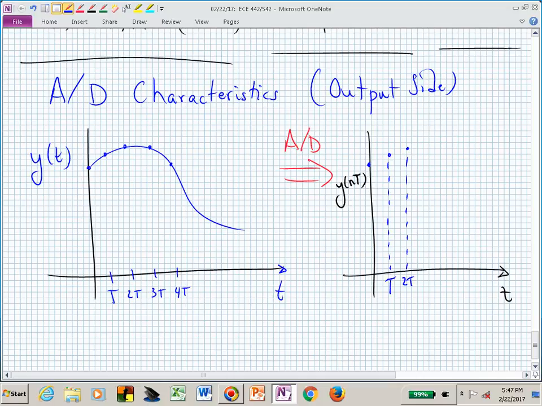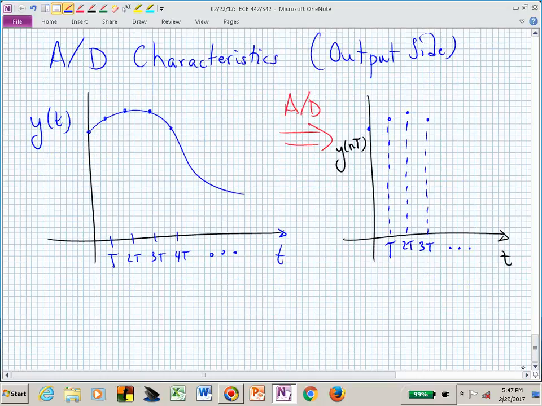We might just suppress the capital T. We might just say that's y of 2, and somebody has to have on the side the sampling period capital T if they need to go back. And then let's say here is our next value at y of 3, or y of 3T, and that just keeps going.